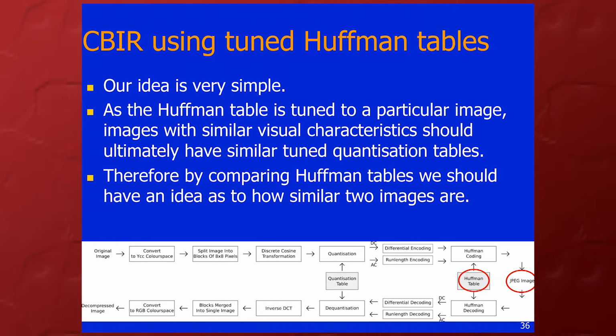So what do we do? We take the Huffman tables directly, and we compare the Huffman tables for performing image retrieval. Now, what does that mean in terms of our diagram? So again, here is the compressed version of that file. Here is the Huffman table, and here is basically what we're retrieving. The Huffman table is coded into the header of the JPEG files, so I can retrieve it directly from there, and use it directly from there for the purpose of retrieval.